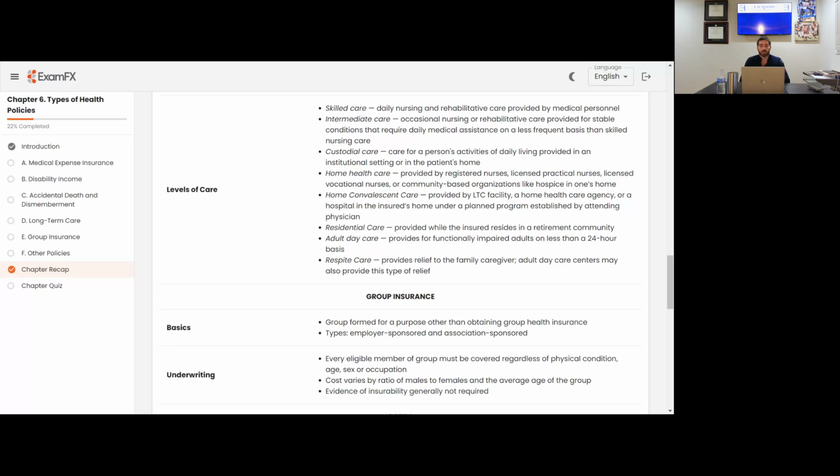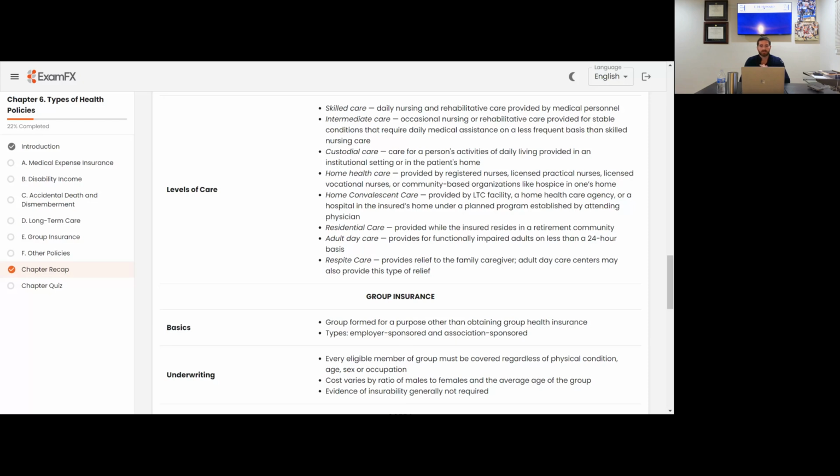Home convalescent care is provided by a long-term care facility, a home health care agency, or a hospital in the insured's home under a planned program established by an attending physician. That's a little bit more of a serious type of long-term care aspect.